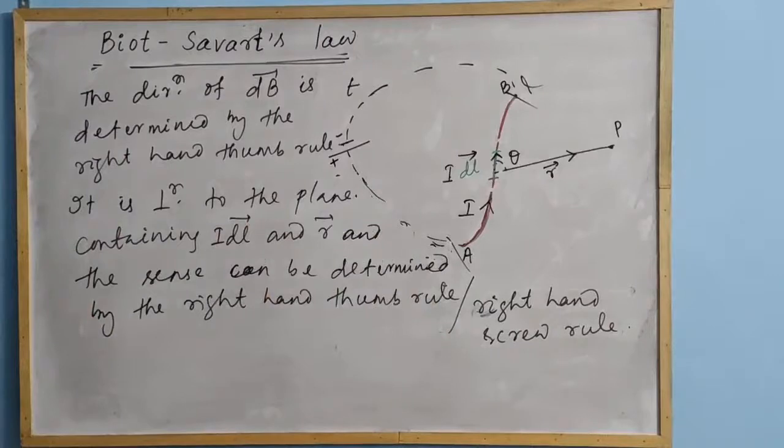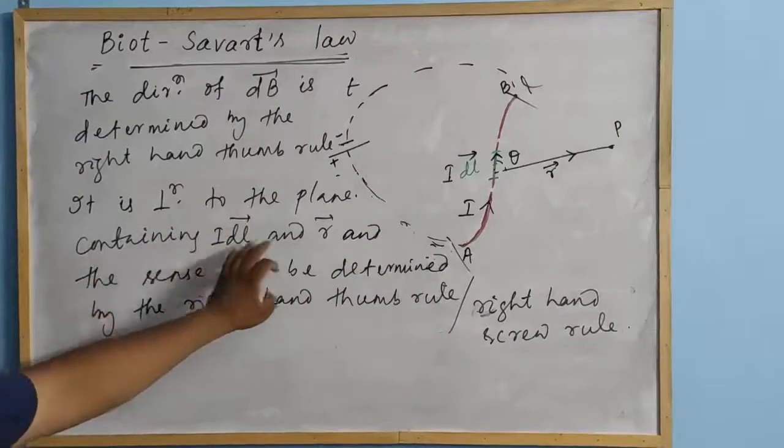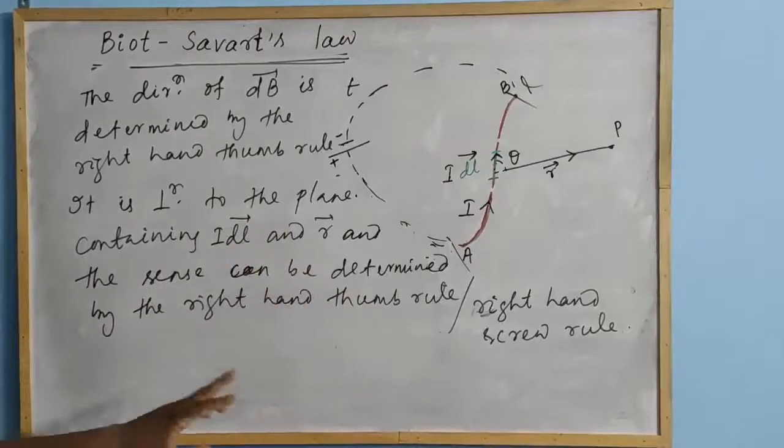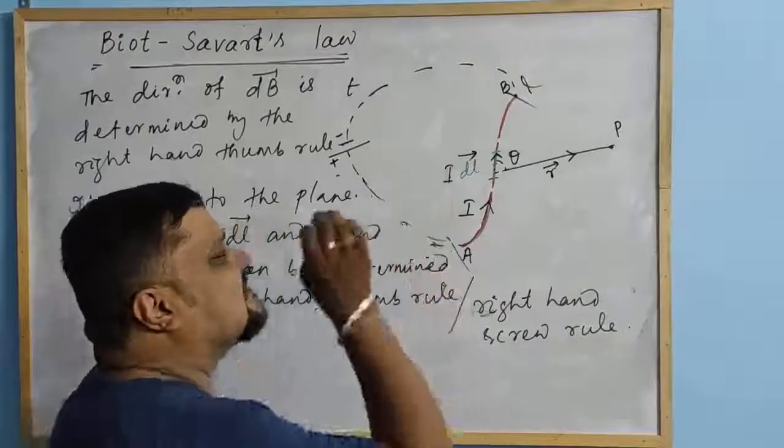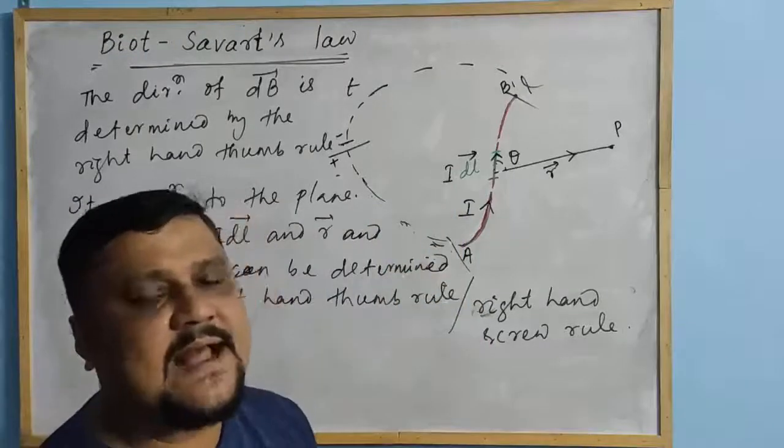So it is perpendicular to the plane containing I dl and r, and the sense can be determined by the right hand thumb rule or right hand screw rule. Now in this case, you tell me what will be the direction.